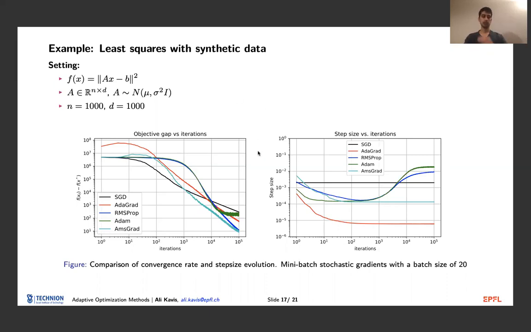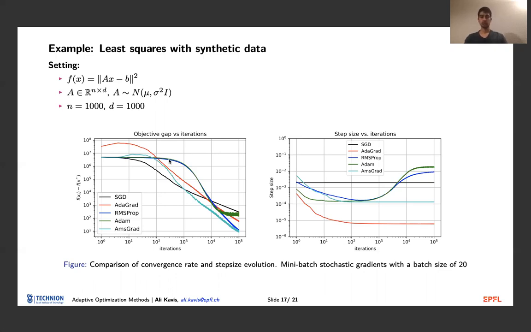And I think what we need to take away from this plot is the following. SGD in the beginning seems to do a better job, and it outperforms all of the methods until a certain point. After this point, in this regime, SGD shows a rate of almost 1 over square root of t as expected. But we see that, especially AMSGrad and AdaGrad, are actually showing a convergence rate which is better than 1 over square root of t.